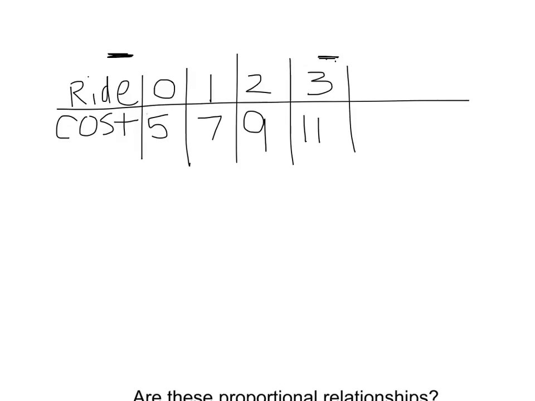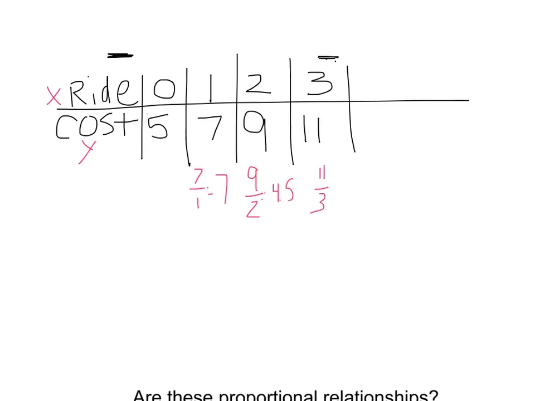All right, so let's look at our table and see if this is in fact proportional. And if you start by dividing your y, your cost, by your x, the rides, you'll see that this is not a proportional relationship. Okay, 7 divided by 1 is 7, but 9 divided by 2 is 4.5.